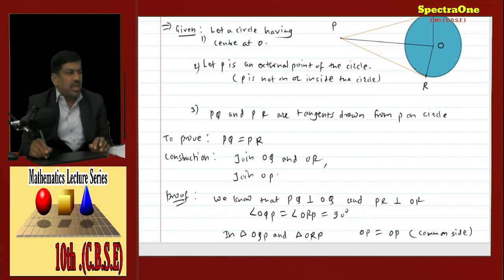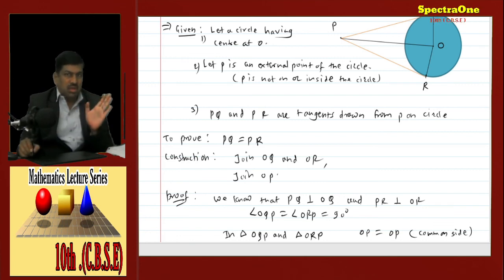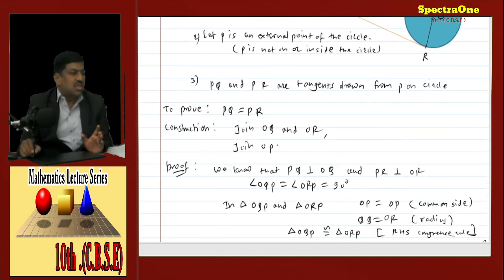Similarly, angle ORP is 90 degrees. So these two triangles are right angle triangles. OP is the common side in both triangles. OQ and OR are radii of the same circle, so both are equal. By the RHS congruence rule, triangles OQP and ORP are congruent, and PQ and PR are equal because of CPCT, corresponding parts of congruent triangles. That is the theorem.